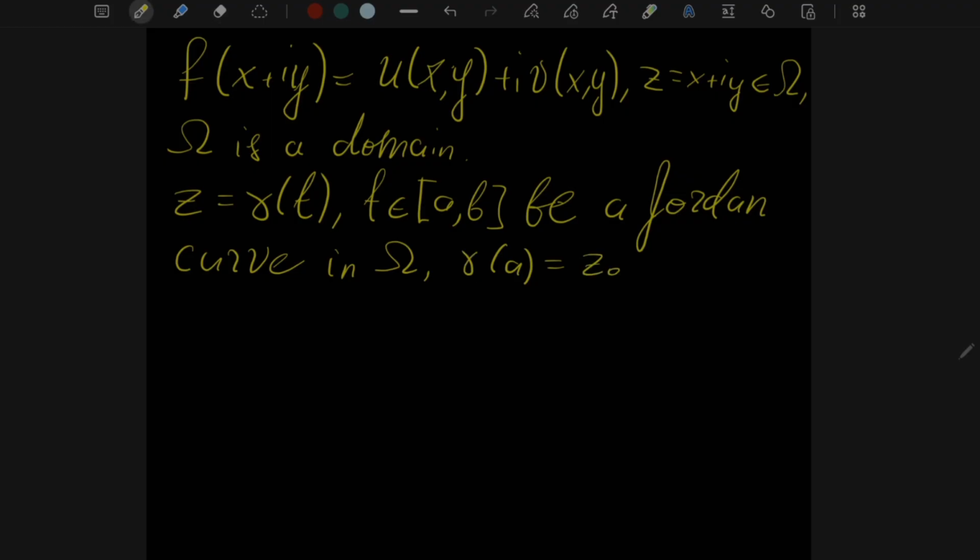And the curve starts with the value of that node. Okay, and now first we need to define the coefficient of stretch of our function. So we have a local linear stretching factor.